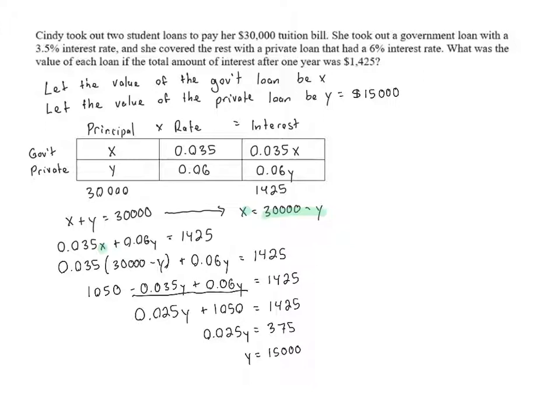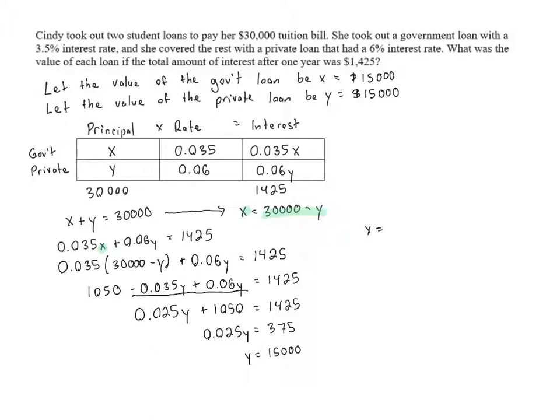We still have to find the value of the government loan. But if Cindy had $30,000 in total of loans and $15,000 was from the private loan, we can subtract to see that the rest, the government loan, had to also be $15,000. If you can't see that right away, you can always go back to substitution.